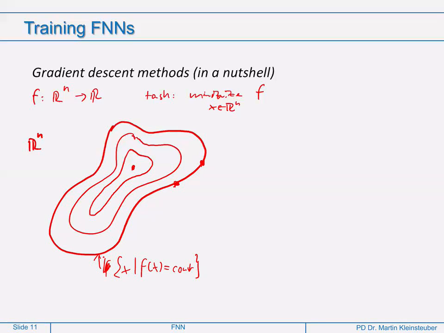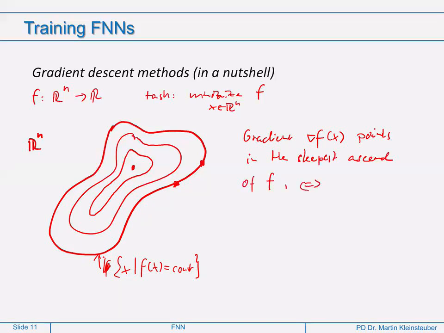So the gradient of f of x points in the steepest ascent of f, or equivalently, minus the gradient points into the steepest descent.